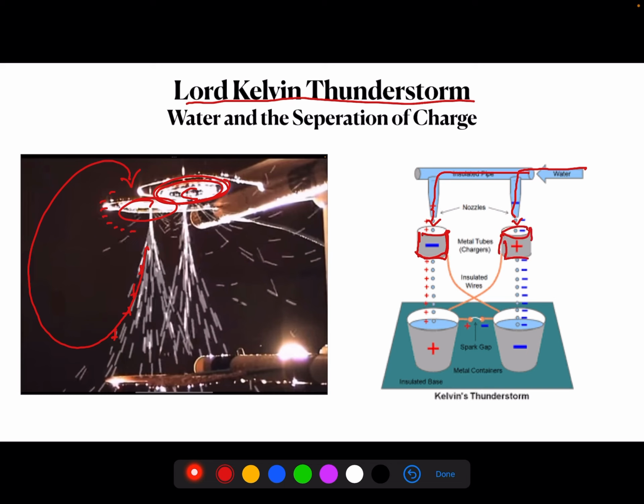Each side drips through its own one, and these are attached to an opposite container where the water ends up.